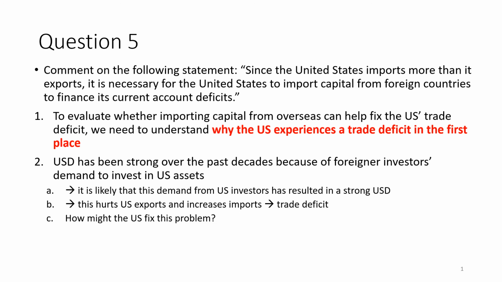To try to soften the price, okay? Another way could be, for example, to make US industries more competitive, and therefore reduce the price of goods and services of US products. Okay, so these are the things that you need to discuss in your answer for this question.